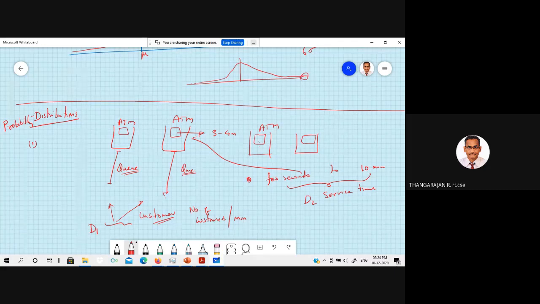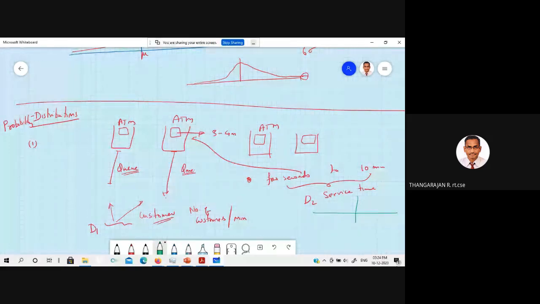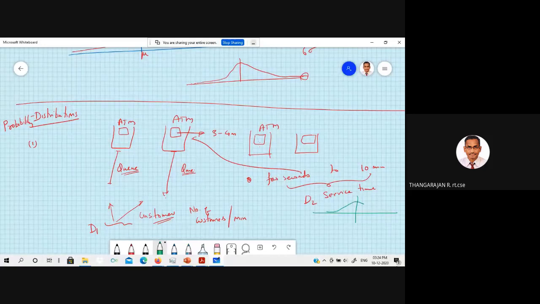Generally you know that the service time of an ATM will be a normal curve, where mu will be some 5 minutes. That's the average time a particular service takes, but the service may even take longer or shorter time.